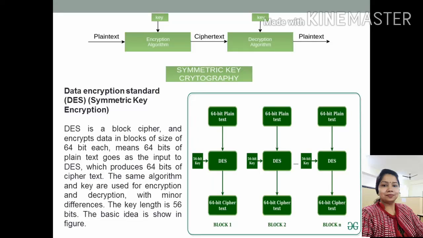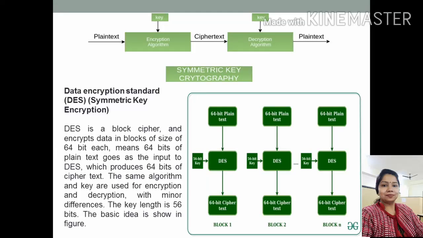Here in this diagram we can see that the 64-bit plain text is taken at a time, and the key size, that is the secret key which is used, is a 56-bit key. It is not one single bit, two single bits, no. It is 56 bits, so that it cannot be easily decrypted. It cannot be easily known to anybody.